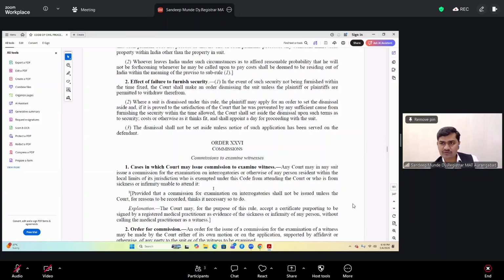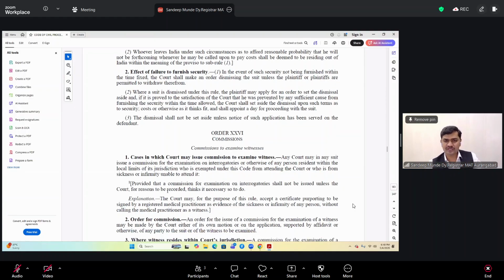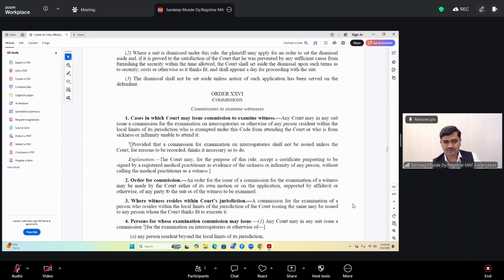Whatever persons are covered under this rule 1, who are exempted by this code from attending the court or who are from sickness or infirmity unable to attend it, they can be covered for the purposes of examination. The court can issue the commission.